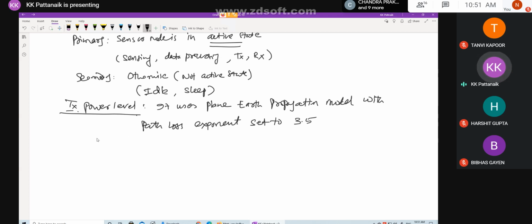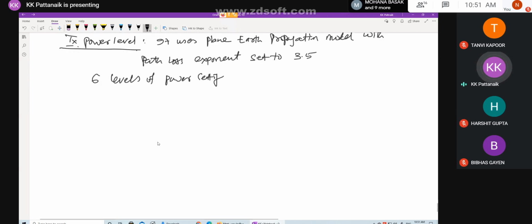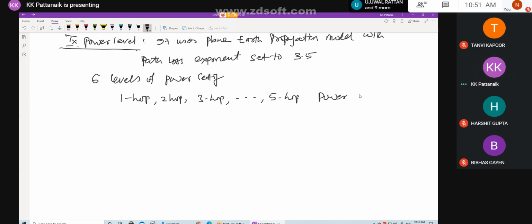These 6 levels of power setting: there is one power setting for 1 hop, one for 2 hops, one for 3 hops, and so on up to 5 hops. Power setting levels. Okay.